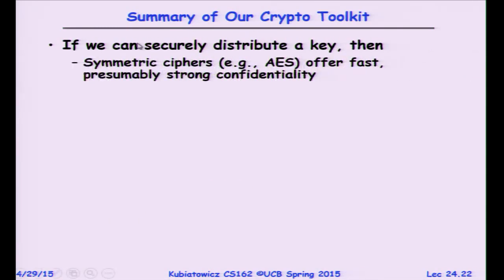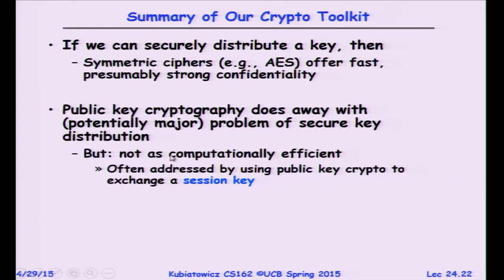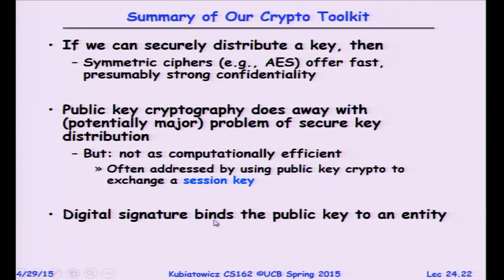So far, we're talking about securely distributing a key, which gives us symmetric ciphers with AES, which is fast, strong communication. We have public key cryptography, which is slow, but can be used to set up session keys and prove who you are. And digital signatures can bind public keys to actual entities, and we can use certificates to do that.